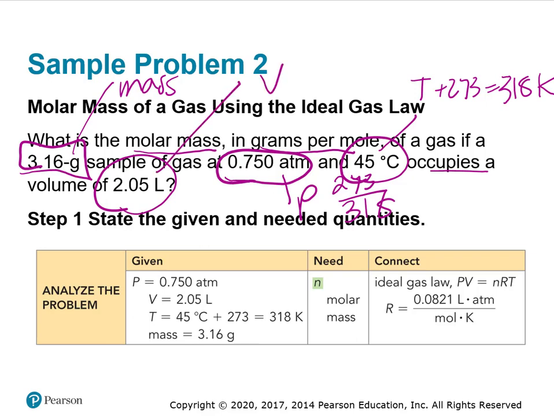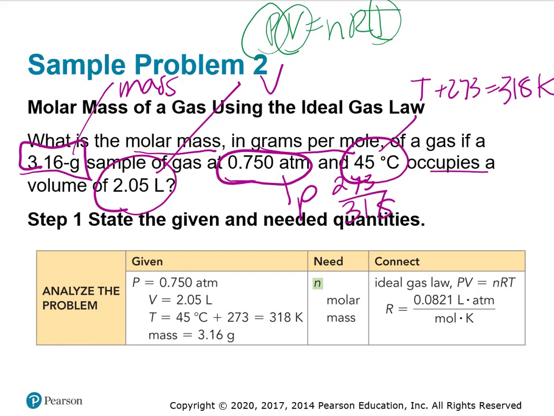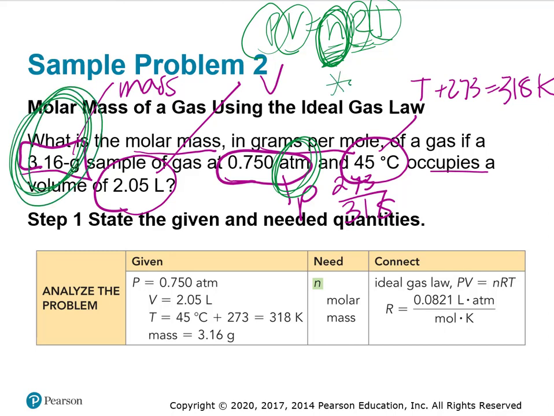Let's look at what we know. I know pressure, I know volume, I know temperature, and I know R. It's the constant, and I'm going to use the constant that has atm. So the only thing that I don't know that I can find is my number of moles. And once I find my moles, I can then take my mass and divide it by my moles to find the molar mass. So let's do that.